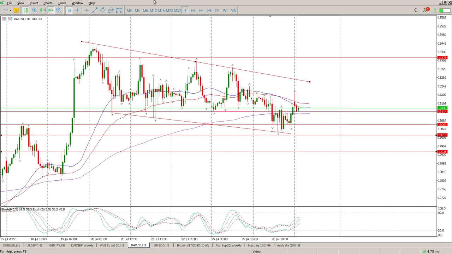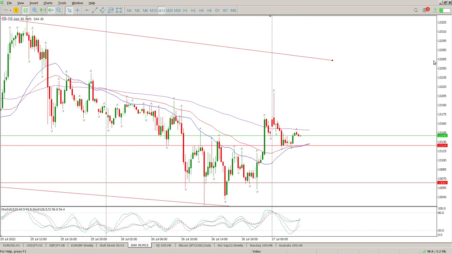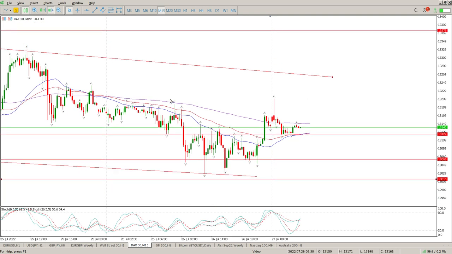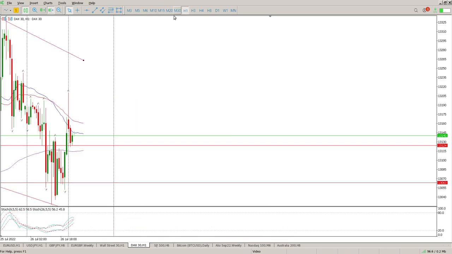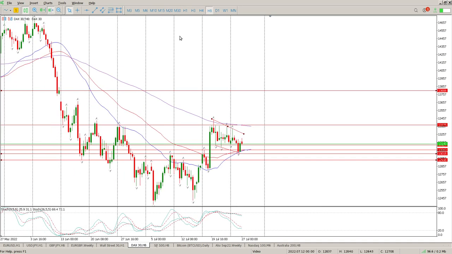So way too much going on here for the bulls and the bears right now. If you look at the 15 minute, you can see yesterday was one way traffic pretty much down, but at the moment we are stuck in amongst all the moving averages. So I'm still sitting on my hands here. It's just going to play out to the 8 hour.